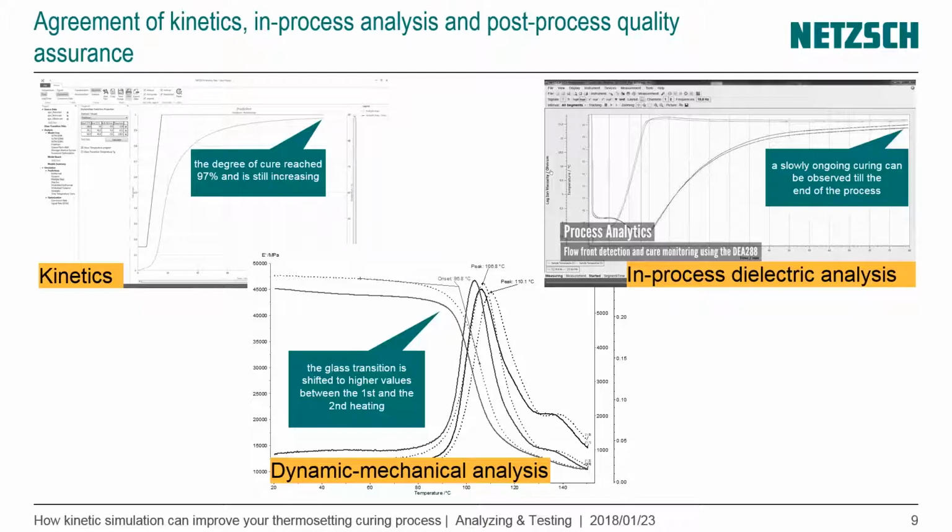Kinetics told us beforehand that the cycle used for the customer resulted in a still ongoing curing at the end of the process. Dielectric analysis as in-process quality assurance confirmed these results, and so did dynamic mechanical analysis, where the glass transition temperature location shifted from the first to the second heating.